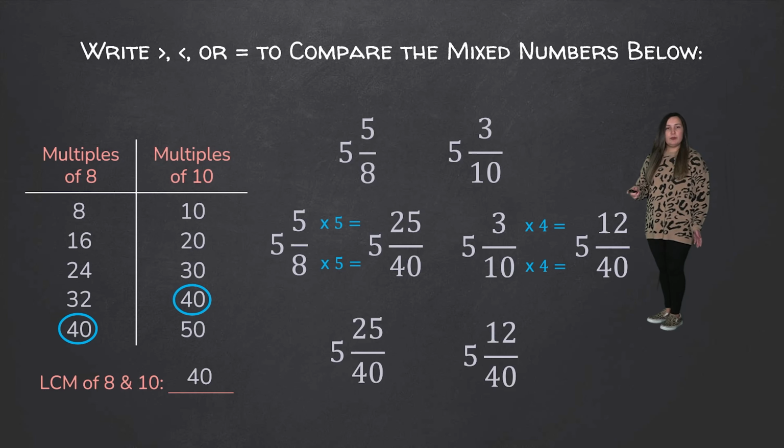And now we have two fractions that have the same denominator, 5 and 25 over 40, and 5 and 12 over 40, which makes it easier to compare because 5 and 25 over 40 is greater than 5 and 12 over 40, meaning that 5 and 5/8 is greater than 5 and 3/10.